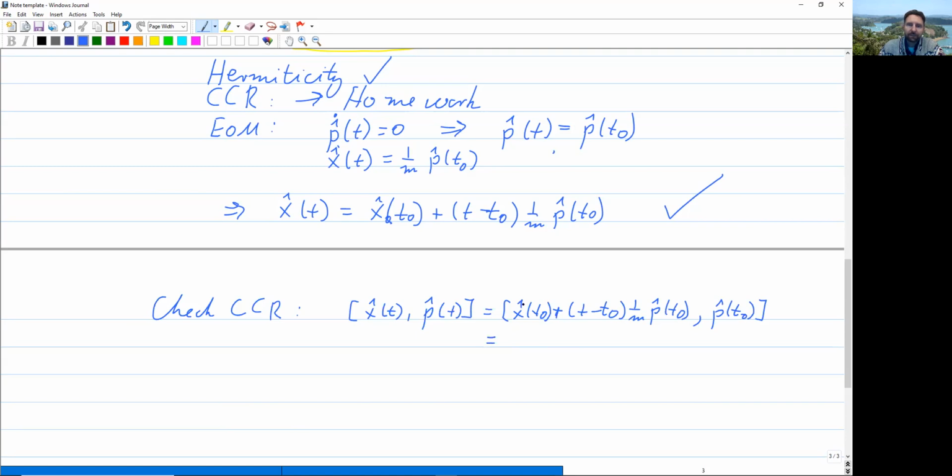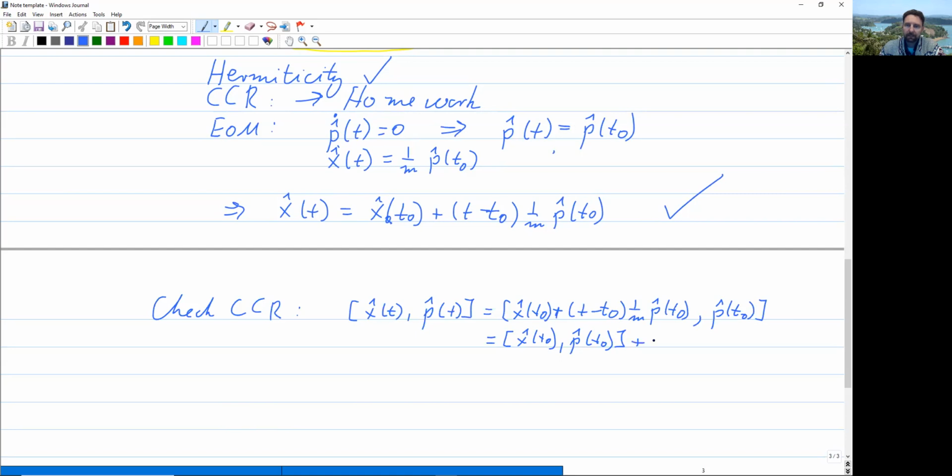And what is this now? Let's see. We have x hat of t naught, commutator with p hat of t naught. Remember that the commutator is linear, right?